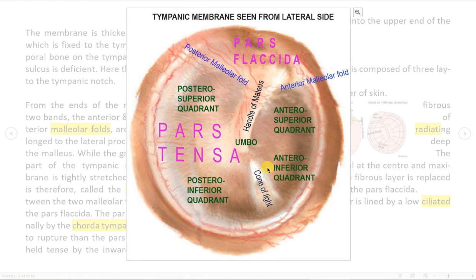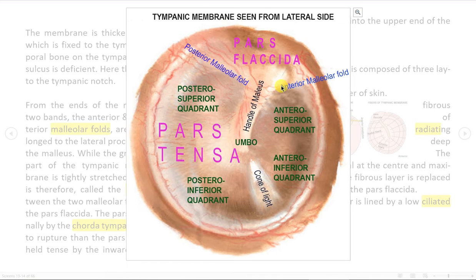So there is one cone of light formed from the umbo to the margin of the tympanic membrane. There are two different folds formed. This one is anterior malleolar fold, this is posterior malleolar fold. These are elevations on the upper part of the tympanic membrane.